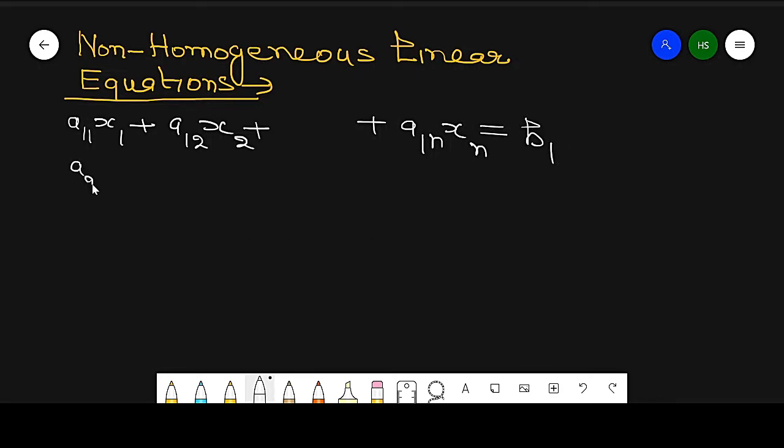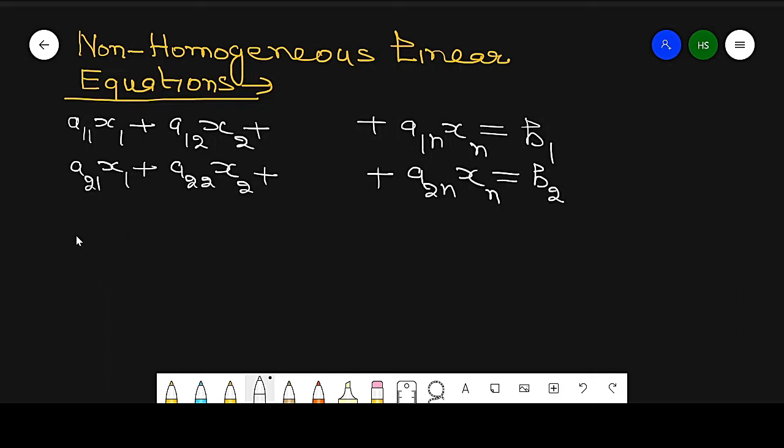Then a21 x1 plus a22 x2 plus so on, a2n xn, which is equal to b2, and so on.